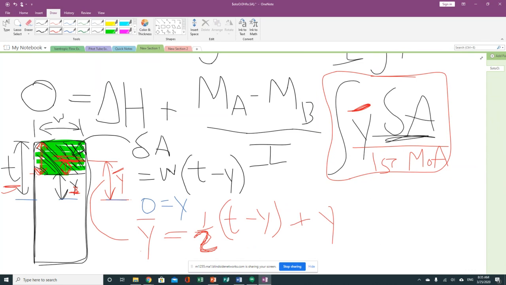Life is good. So if I put all these together, I can substitute them directly into this.